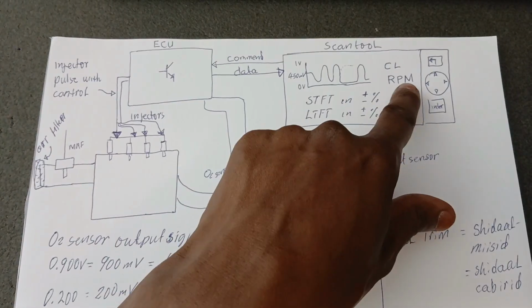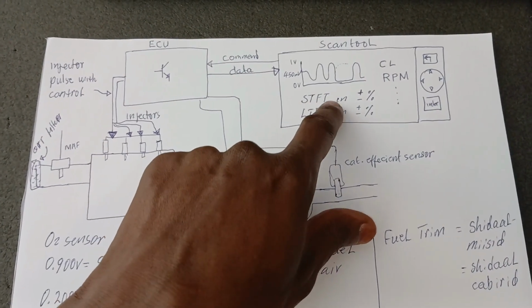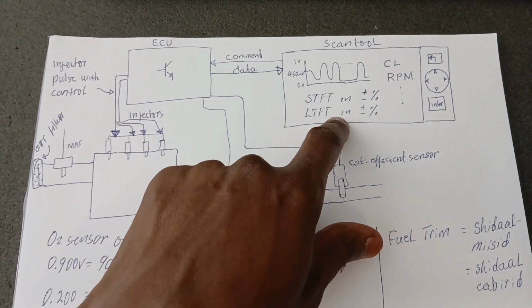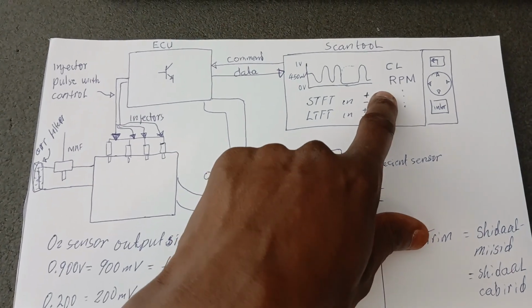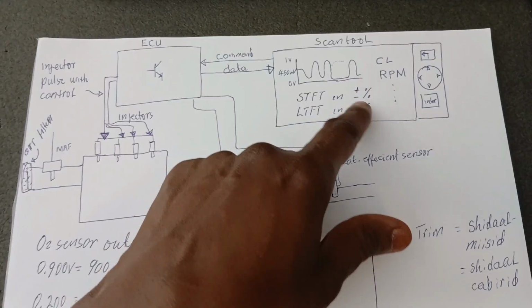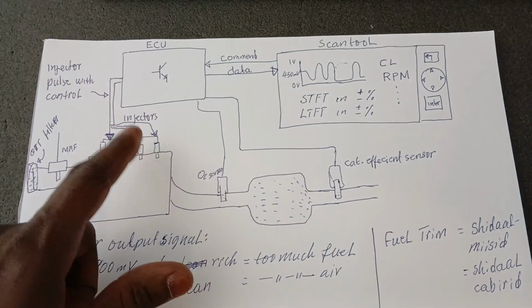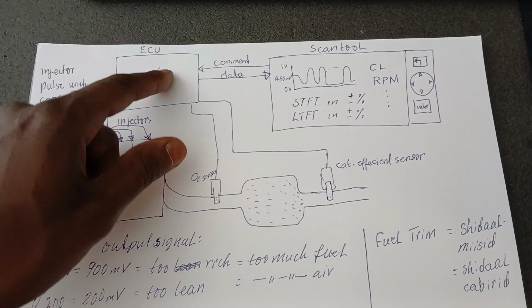You can also see engine temperature, short-term fuel trim, and long-term fuel trim. All of this is a plus or minus percentage number. This number can be 50, 30. There is some sort of maximum allowed in the ECU for a fuel subtraction or addition.